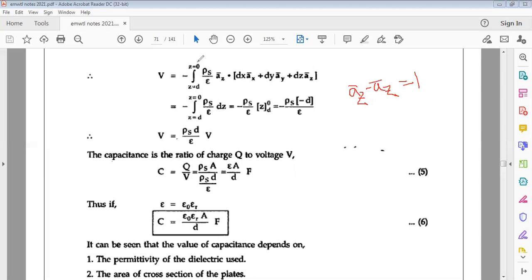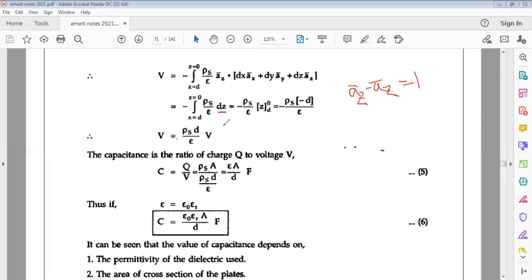And what is the upper value and the lower value? The upper value is d, and the lower is at z equal to 0. So z goes from d to 0, rho S by epsilon into dz. The negative charge is at the distance d and the positive charge is at z equal to 0.